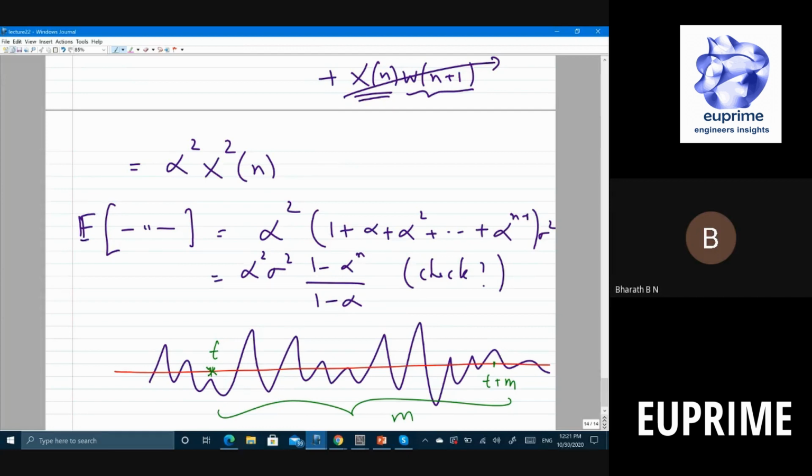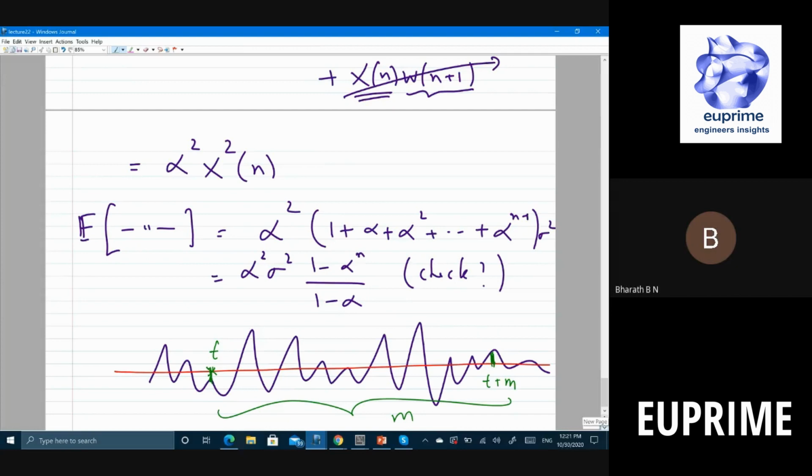As and when m increases, the correlation between x of t and x of t plus m will go down to 0. It becomes almost independent. So the interesting thing about this is I can sort of assume that this random variable and this random variable are independent.